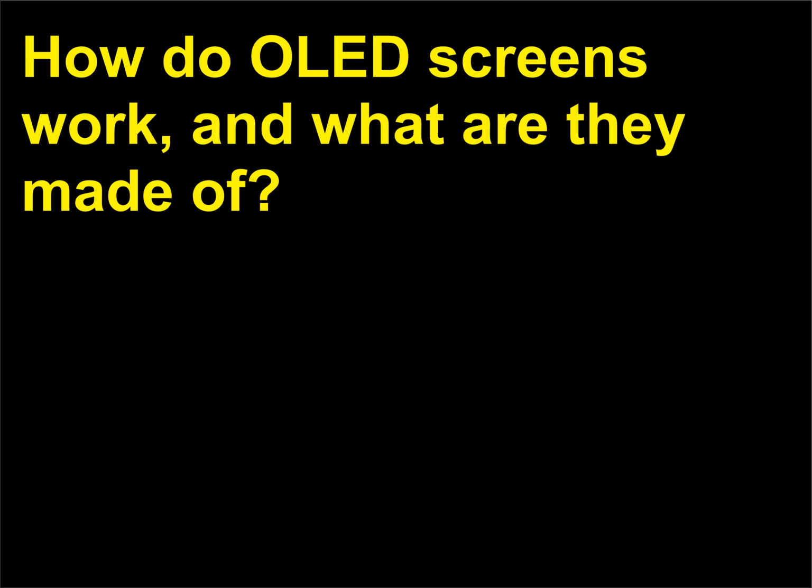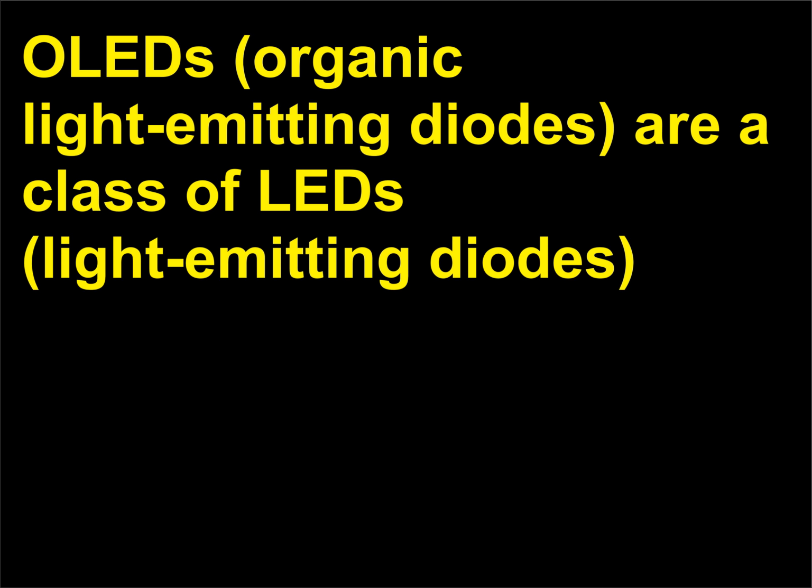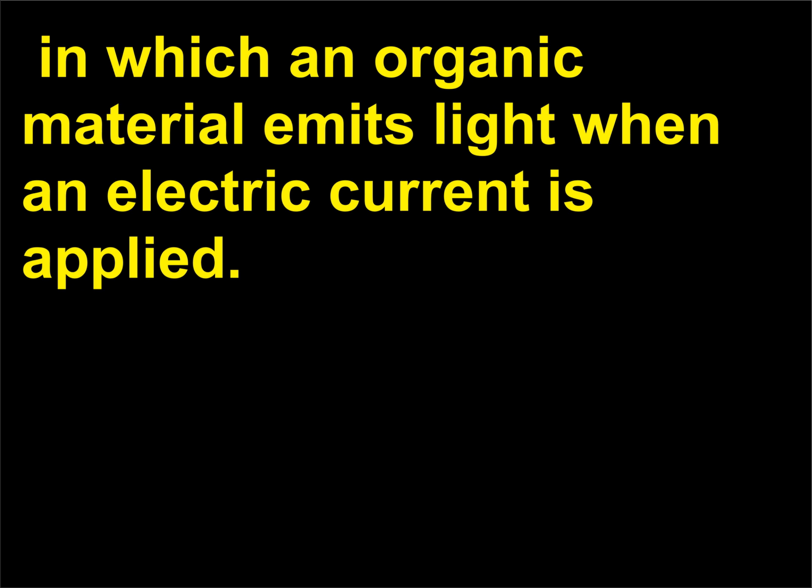How do OLED screens work, and what are they made of? OLEDs, organic light-emitting diodes, are a class of LEDs, light-emitting diodes, in which an organic material emits light when an electric current is applied.